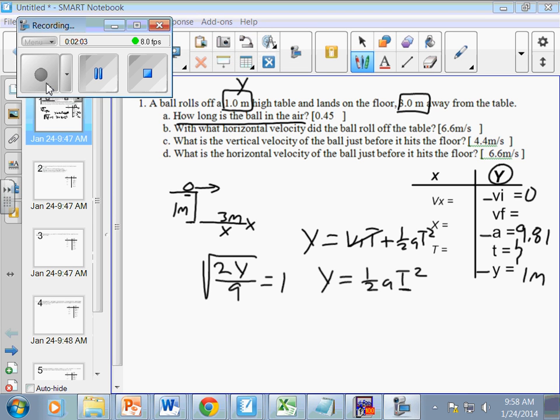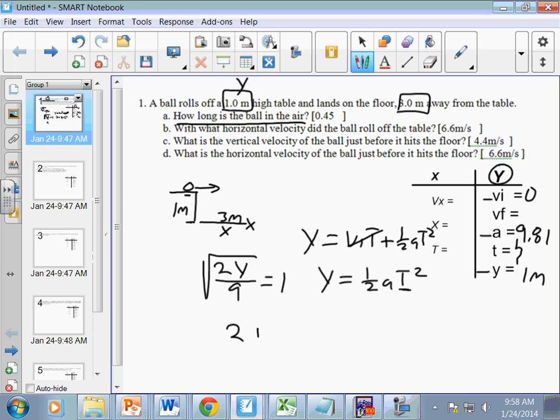So 2 times 1, which is y earlier in the problem, divided by a, which is 9.81, and I take the square root of that whole thing.